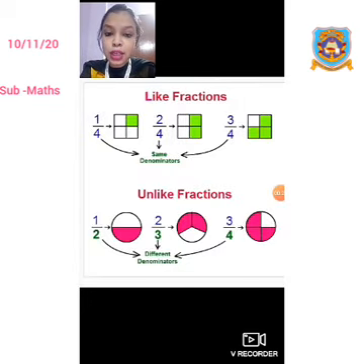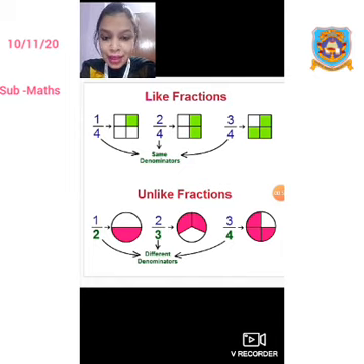The first is 1 by 4 because it is green in color, one part is colored, that means shaded. The second is 2 by 4 because 2 parts are shaded, and in the third, 3 parts are shaded. Now if you look at the picture carefully, you can see 1 by 4, 2 by 4 and 3 by 4. All 3 have the same denominator. So if they have the same denominator, it is known as like fractions.